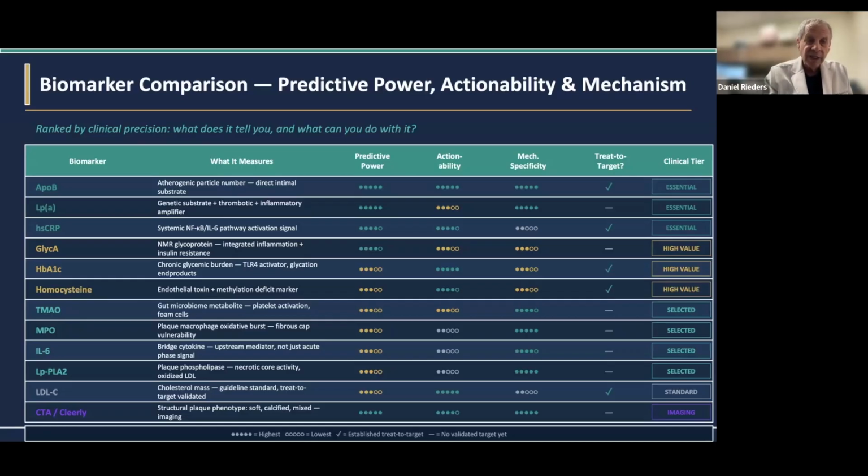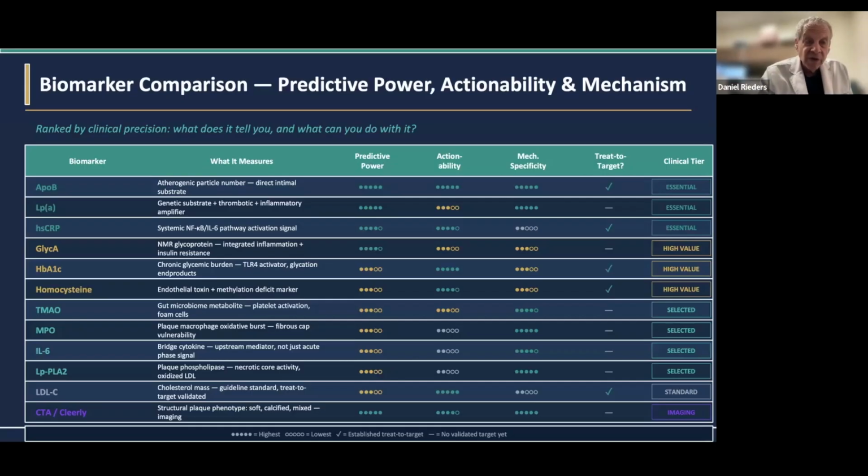And then there's another one called GlycA. HSCRP changes over days, and GlycA has a big, slower change. So it's a better marker of chronic inflammation where the HSCRP is more acute.